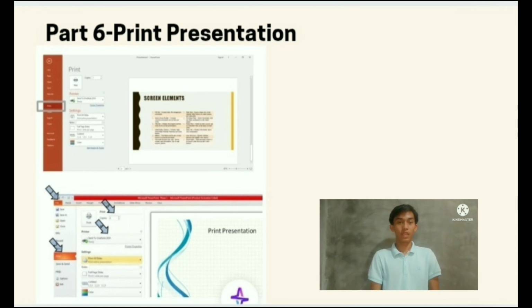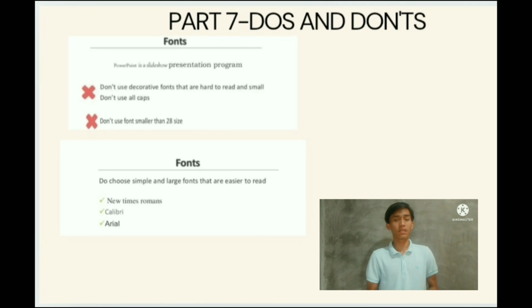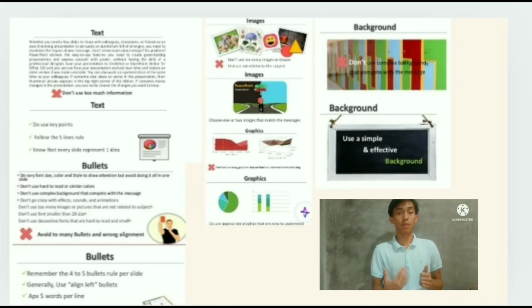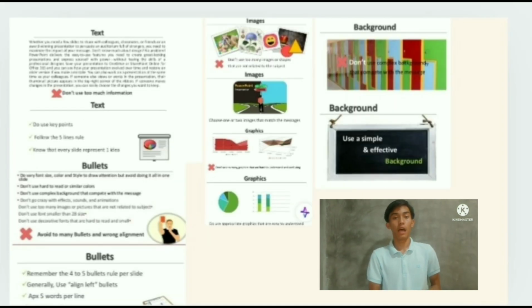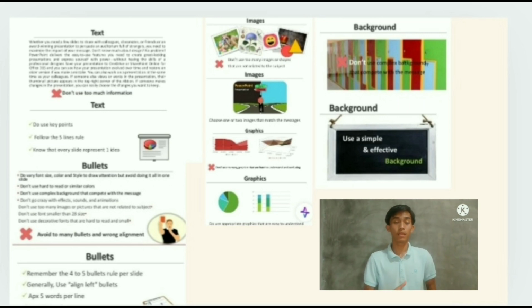So part 7 is do's and don'ts. In text, don't use too much information. Just follow the 5 lines rule. Also avoid too many bullets and wrong alignment. Don't use many images or shapes that are not related to the objects or to your presentation.